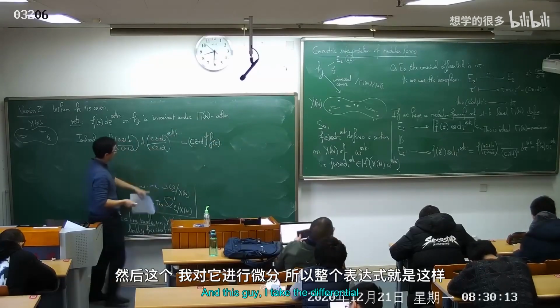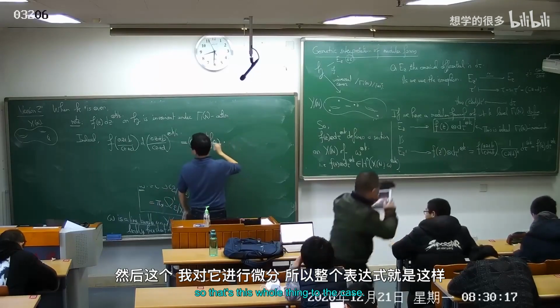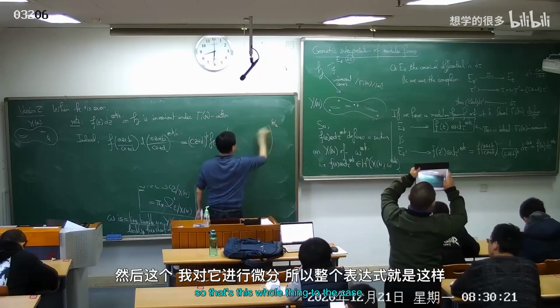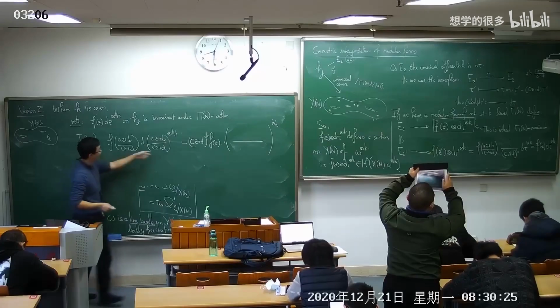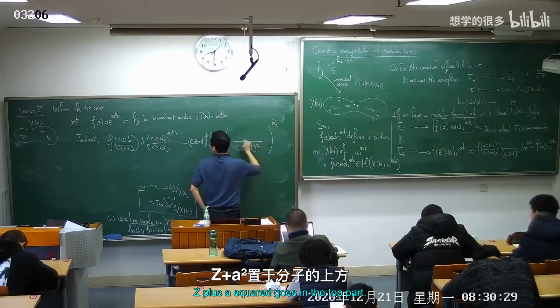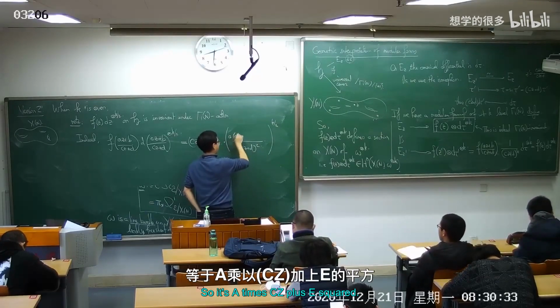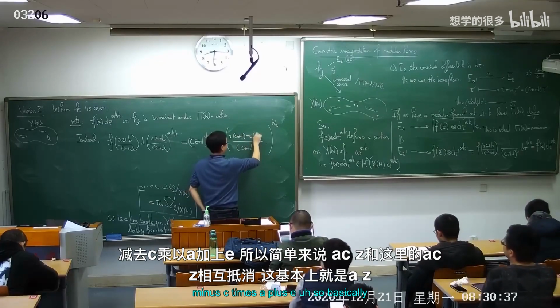And I take the differential of that, whole thing to the k. So this returns to the calculus: (cz+d) squared in the denominator, derivative of the top part, so it's a times (cz+d) minus c times (az+b).